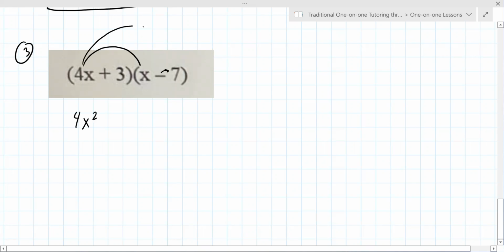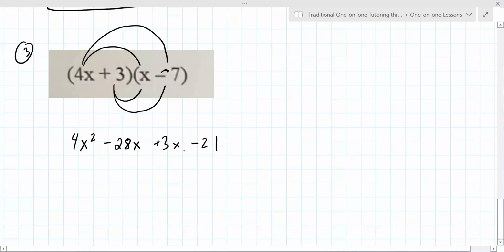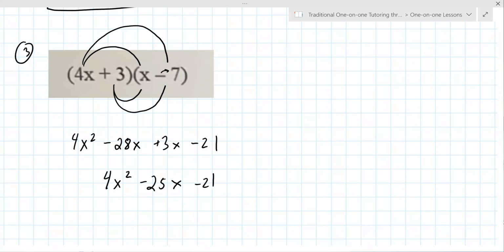Then it's 4x times -7. That's minus 28x. Then I usually come underneath. So it's 3 times x, plus 3x, 3 times -7, minus 21. So you got 4x squared minus 25x minus 21, like that.